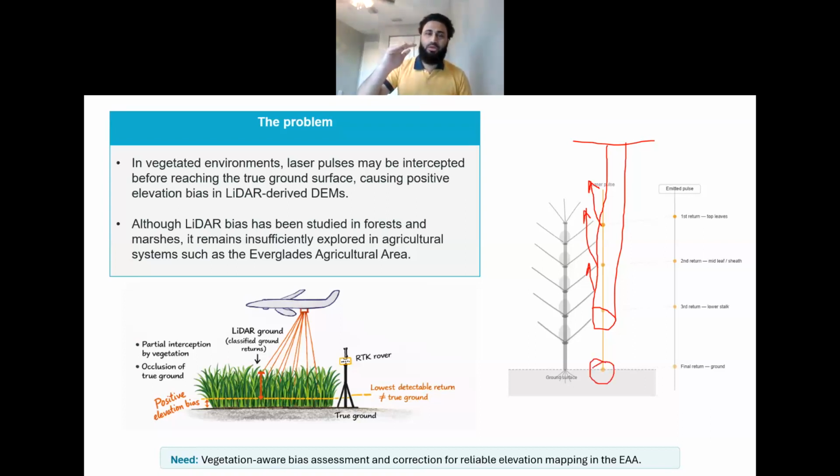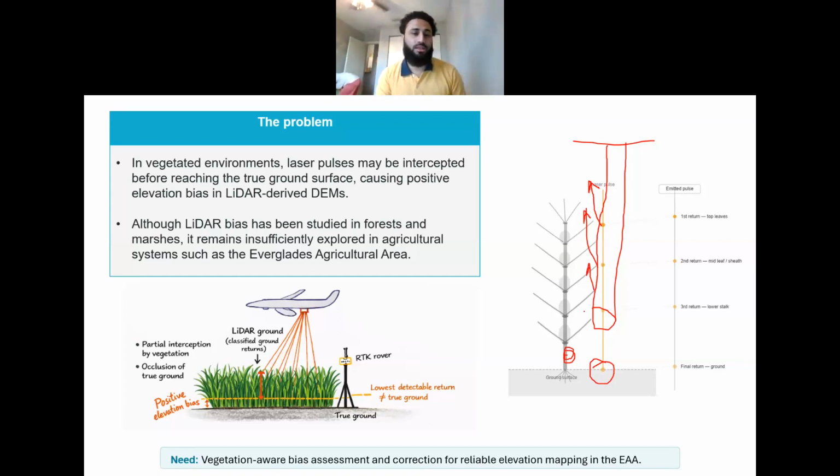So first return, we imagine it will be the top of the canopy. Second return will be somewhere in the middle of the canopy, and the last return will be coming from the ground. Now, having remembered that, in the vegetation this last return, which we call ground, may not be true ground, because it may be hitting this stalk here, the bottom portion, and coming back from here.